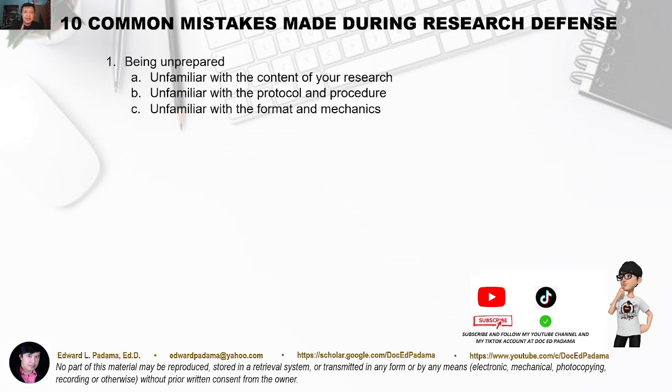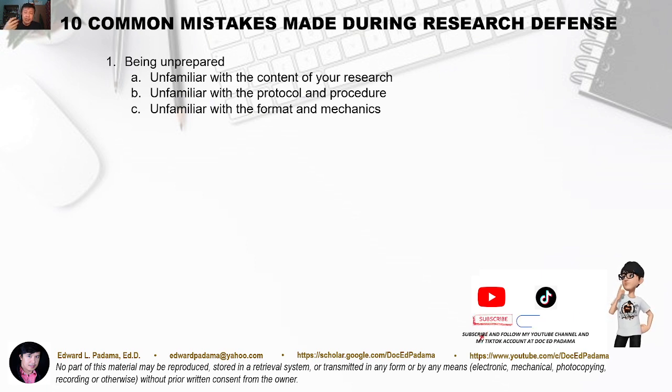Okay? The next one is being unfamiliar with the format and mechanics of your manuscript. So make sure that every part, every area of your research is already familiar to you. If possible, you are already familiar with the page number where that particular part of your research can be found.